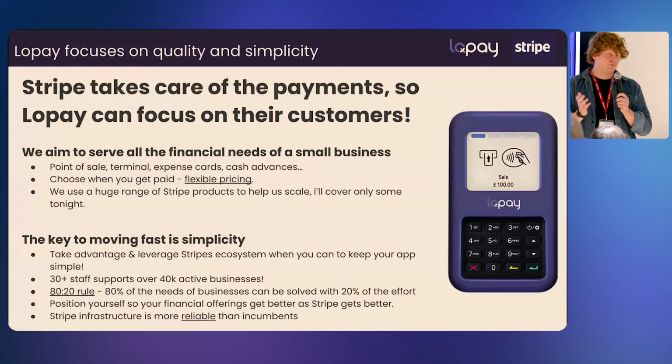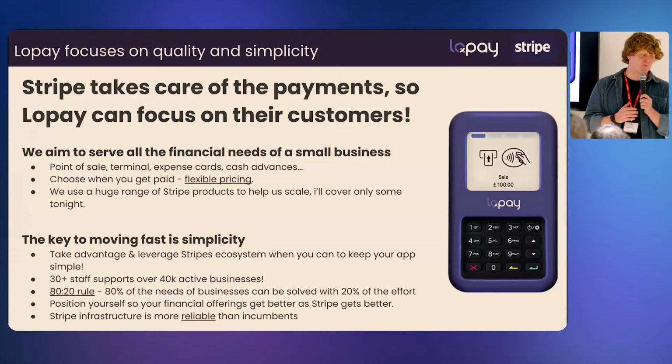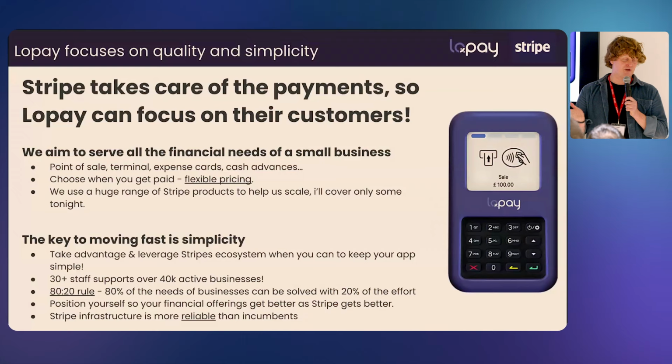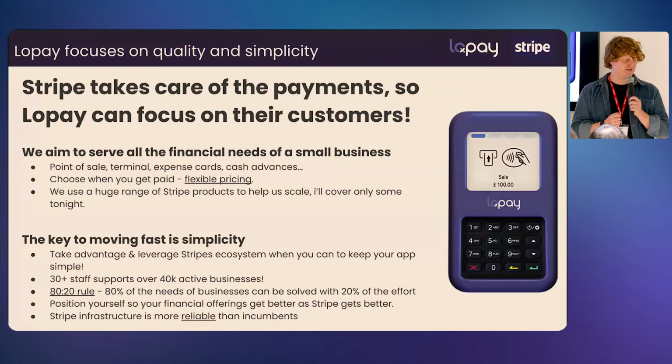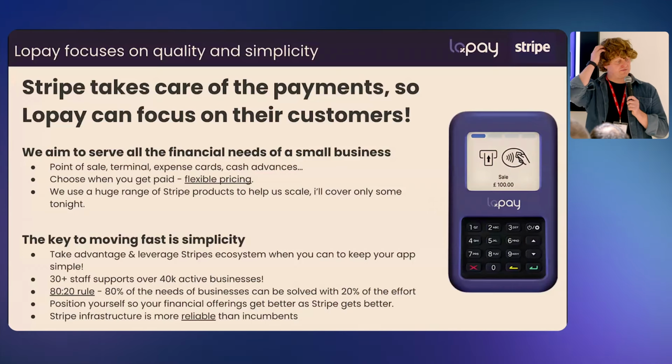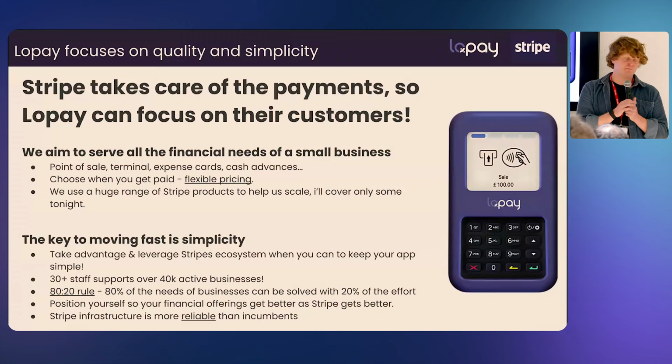Also, we monitor our competitors. I can say that because we sit on top of Stripe, we're more reliable. When we see a competitor have an outage, we have an increase in signups, which is a really nice thing to see.